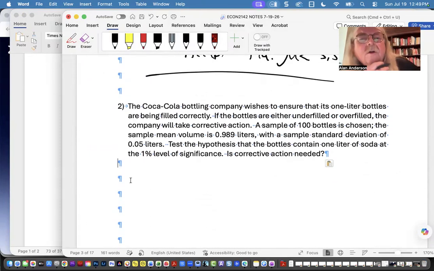The Coca-Cola bottling company wants to make sure that its 1 liter bottles are filled correctly. Of course, if the bottles are underfilled or overfilled, the company will take corrective action, which means it's a two-tailed test. They're looking for evidence either way, too low, too high. We have to do something about it. So let's write that right here.